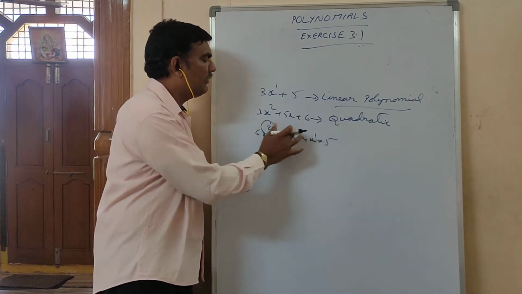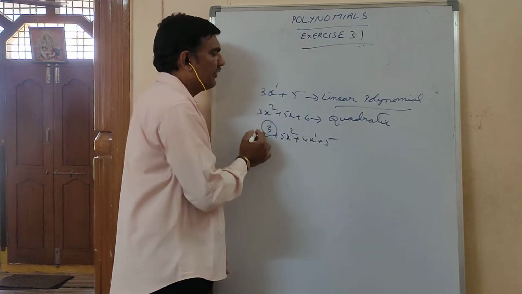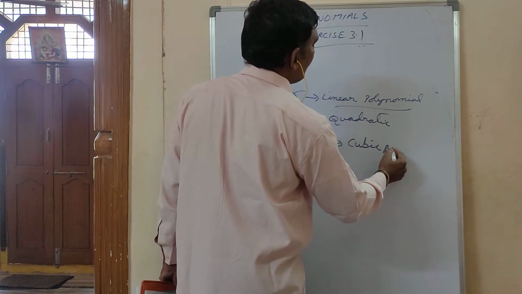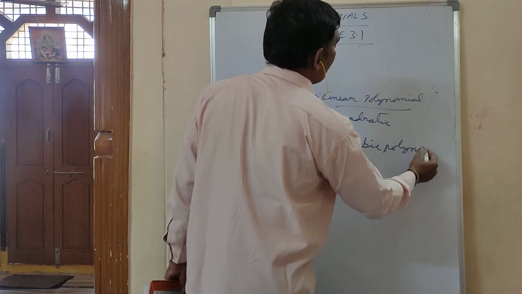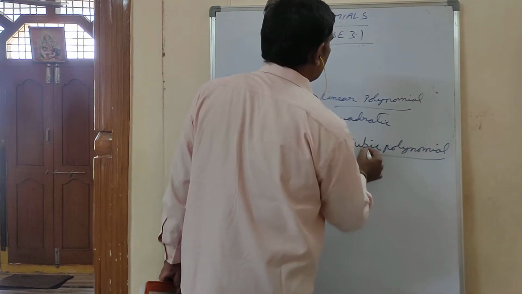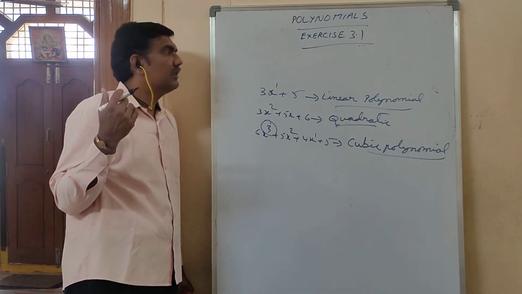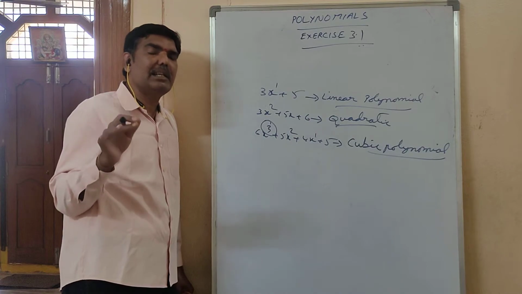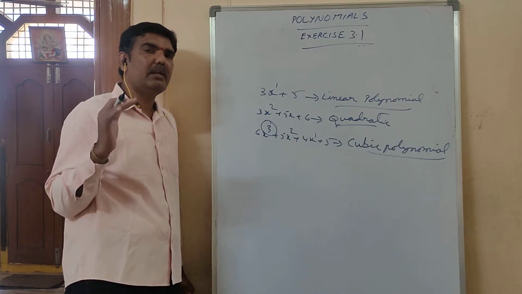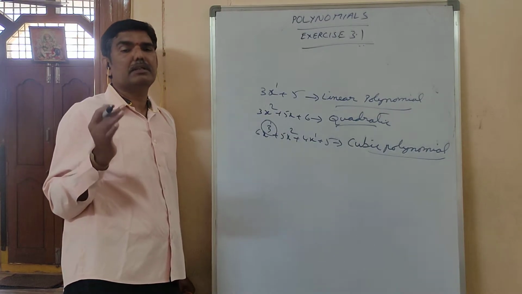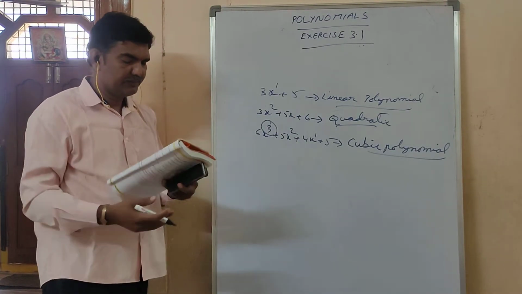So the degree of this entire polynomial is 3. If the degree is 3, it is called a cubic polynomial. You should understand these polynomials perfectly, because in 9th class also the polynomials chapter will be there. If you are thorough in that, then you will understand 10th class.